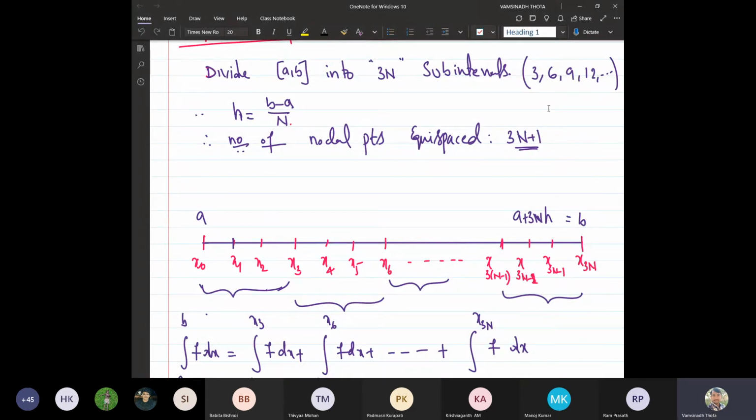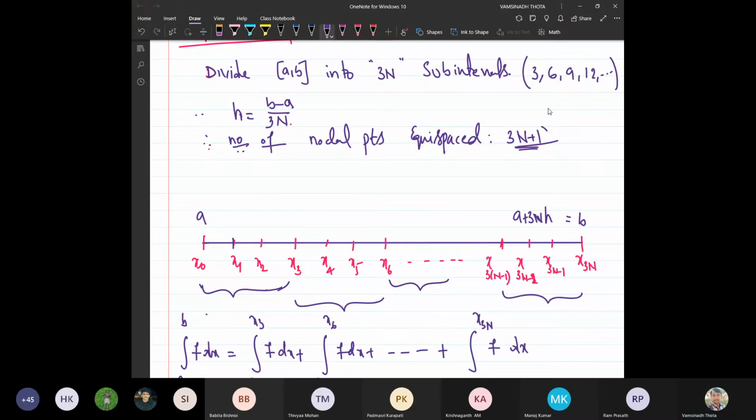So now, what about h, the length of each subinterval? There is a mistake here. The length of each subinterval is b minus a upon 3 times n. Now how many nodal points will there be? There will be 3n plus 1 nodal points.